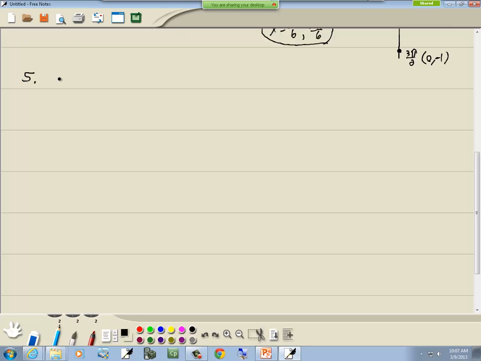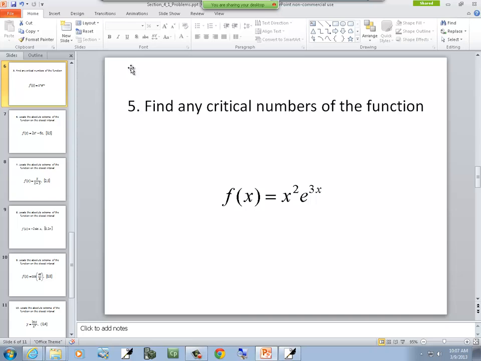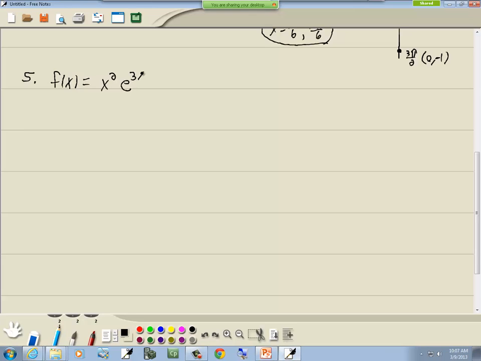We got f of x is equal to x squared e to the 3x. Well, this is the product rule again. We got something times something else. So this will be our p, and this will be our q. We need p prime. The derivative of x squared is 2x. And we need q prime.